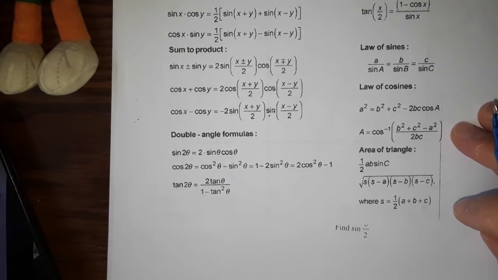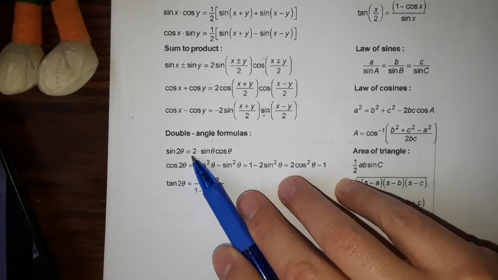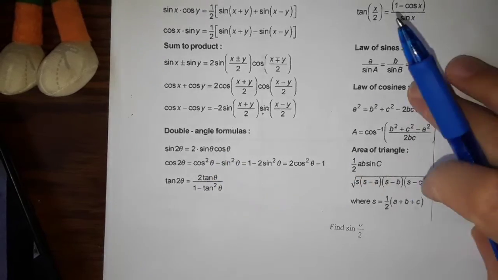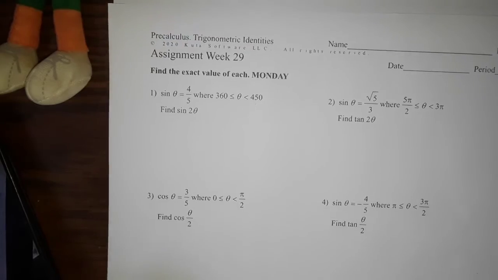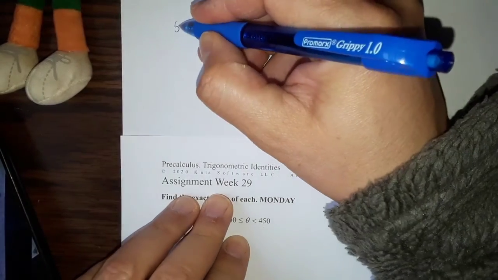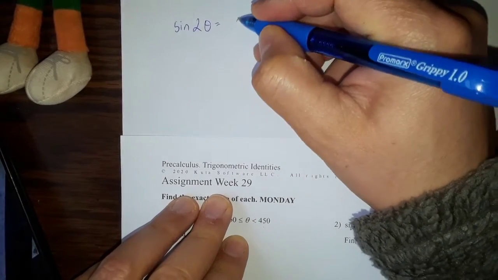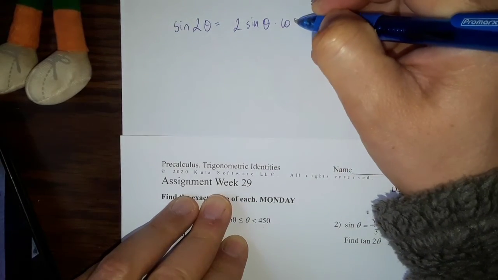Good. So now that we found the formula, sine of 2 theta equals 2 times sine of theta cosine of theta, I'm going to write it down. We have the formula that says the sine of 2 theta equals 2 sine of theta times cosine of theta.